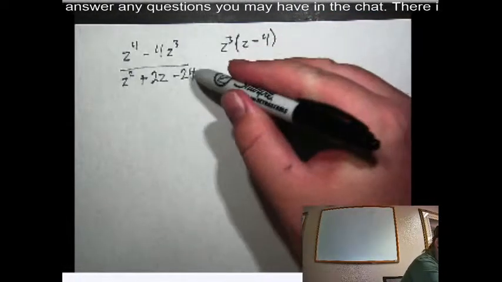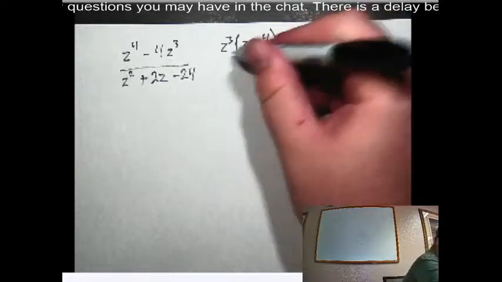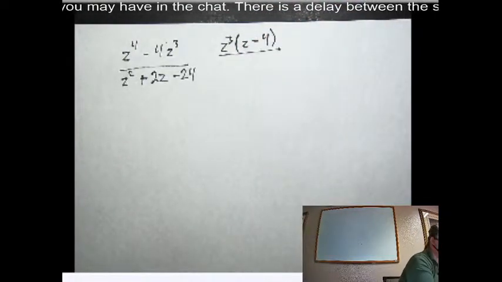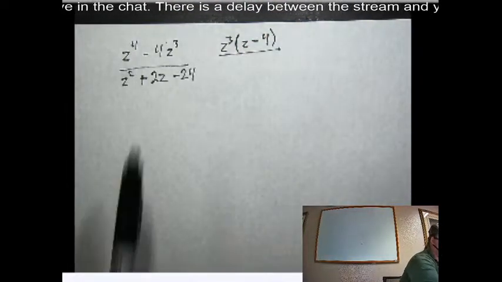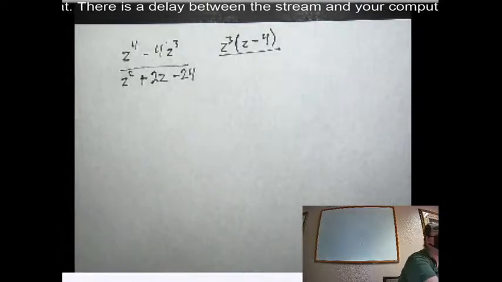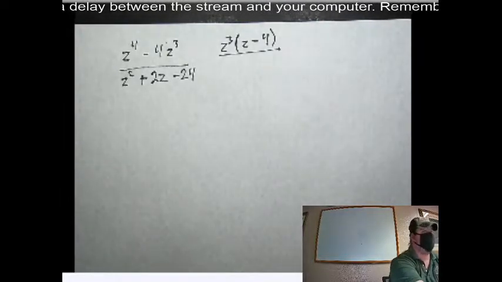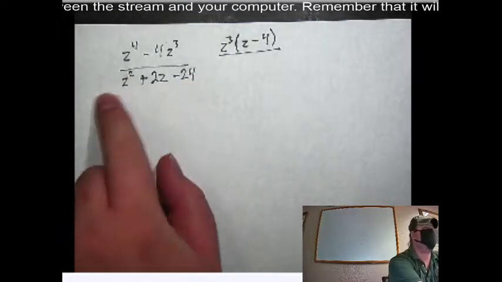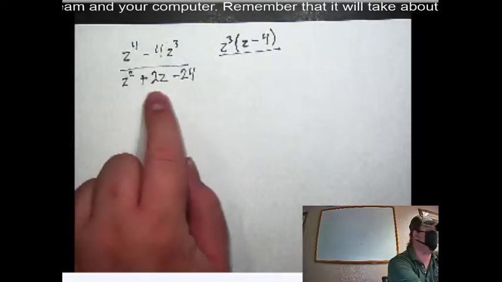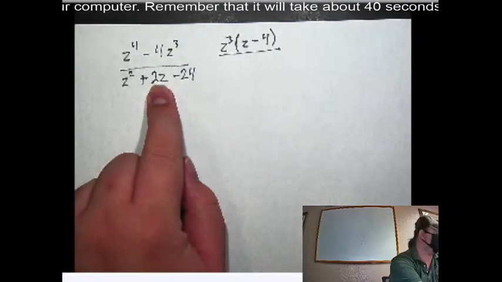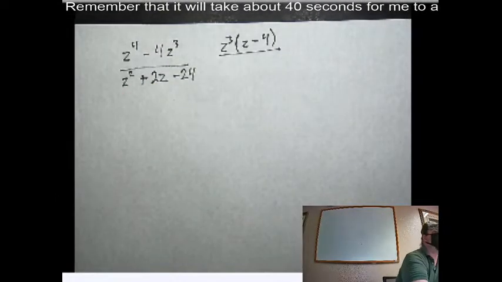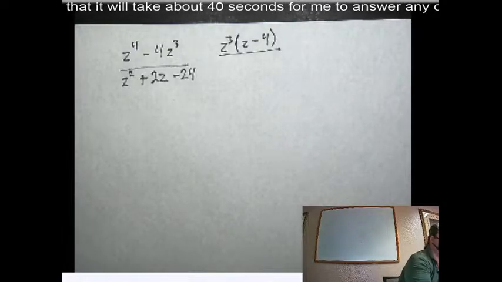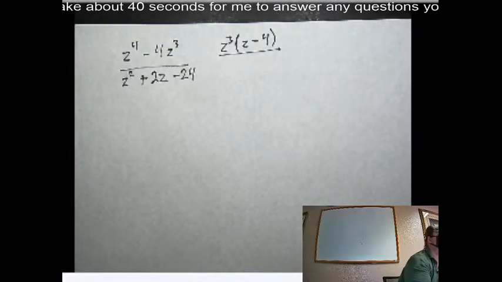Now we need to factor the bottom part. So again, what method do we use to factor this trinomial? AC. Now it's also a good idea to see if they can be divided by something, but we haven't gotten anywhere close to that kind of thing. So, AC method, what's my A? 1.